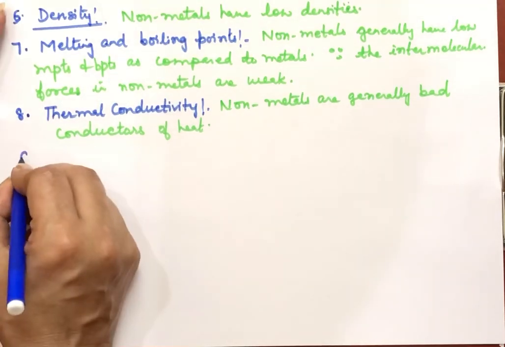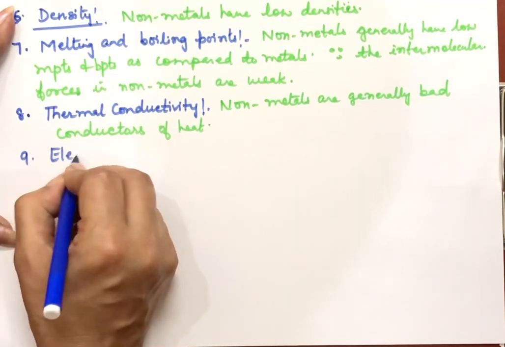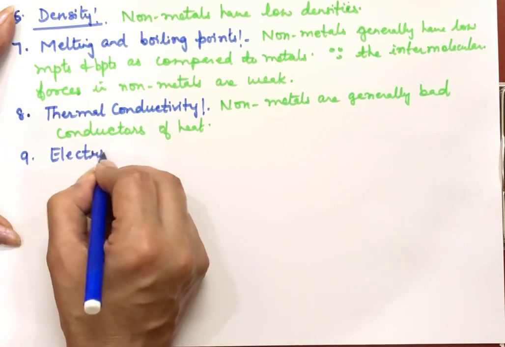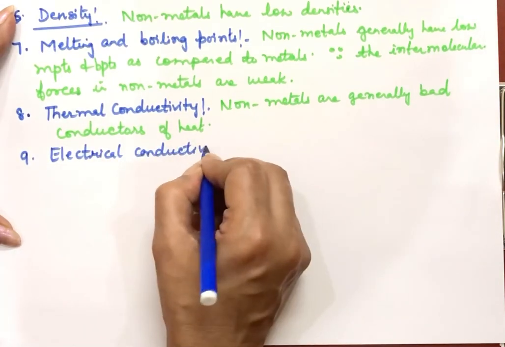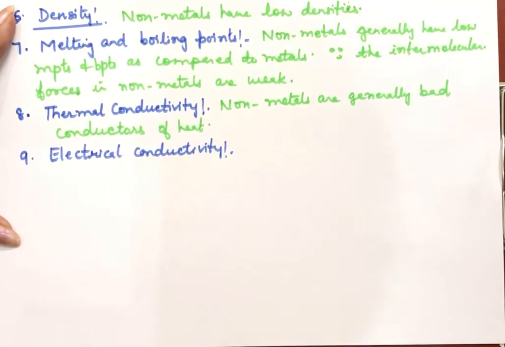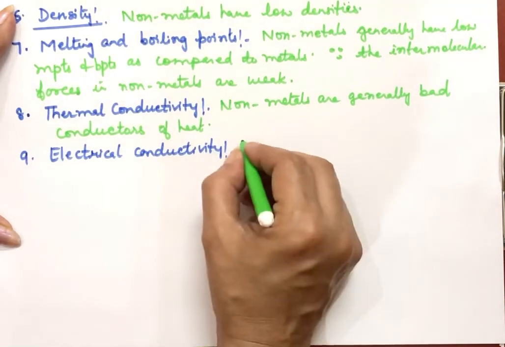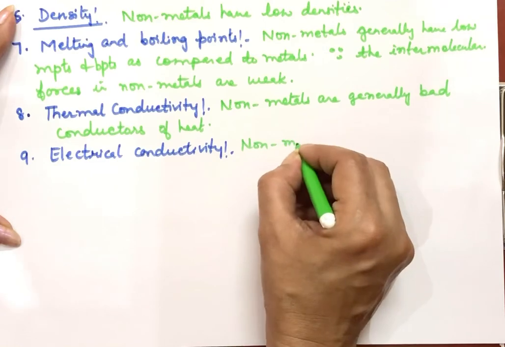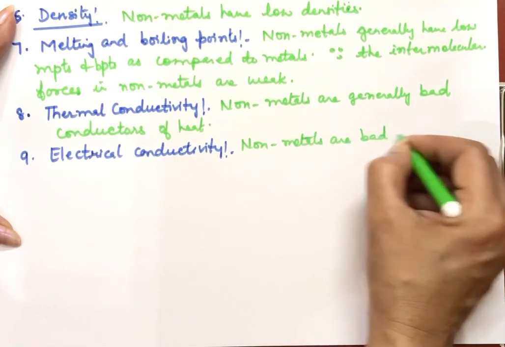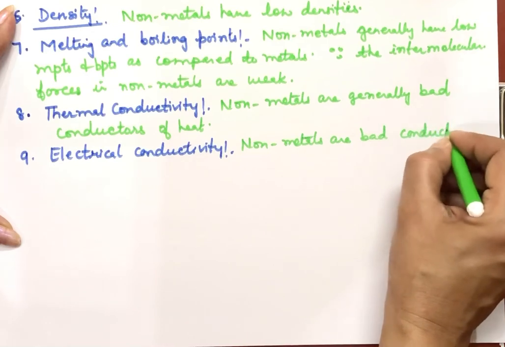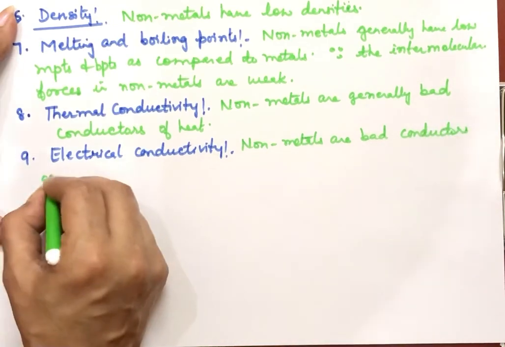The next physical property is electrical conductivity. Non-metals are not conductors of electricity either. Generally we say non-metals are bad conductors of electricity.